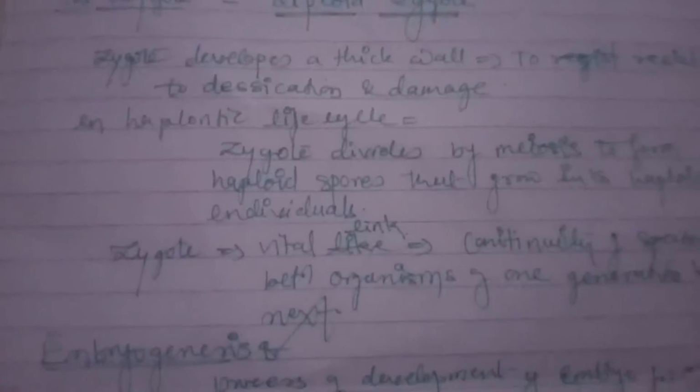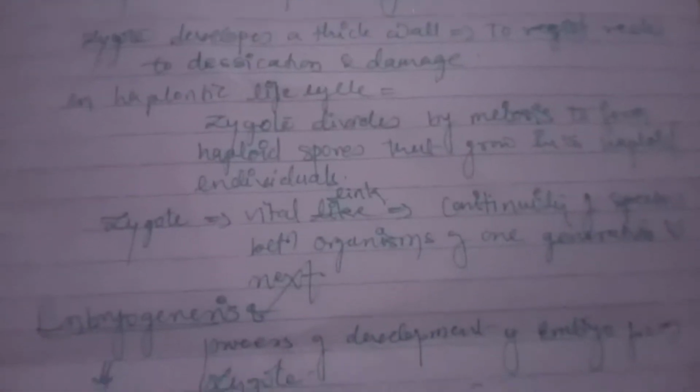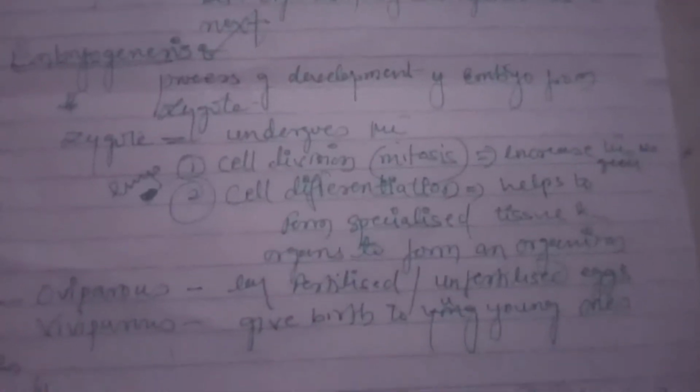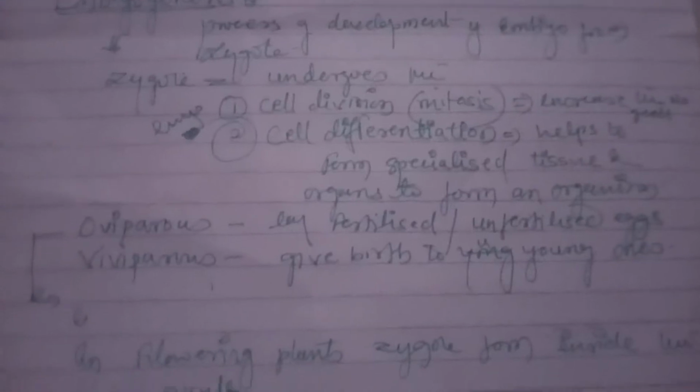Post fertilization events: zygote, diploid zygote. Important: zygote is a vital link. Embryogenesis, cell division, cell differentiation, oviparous, viviparous.